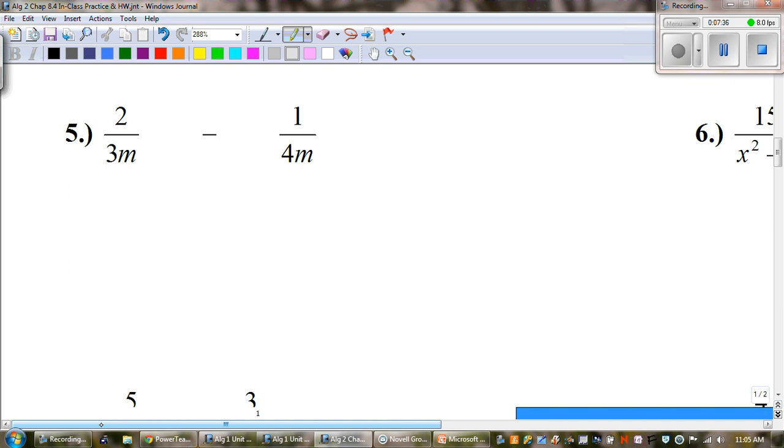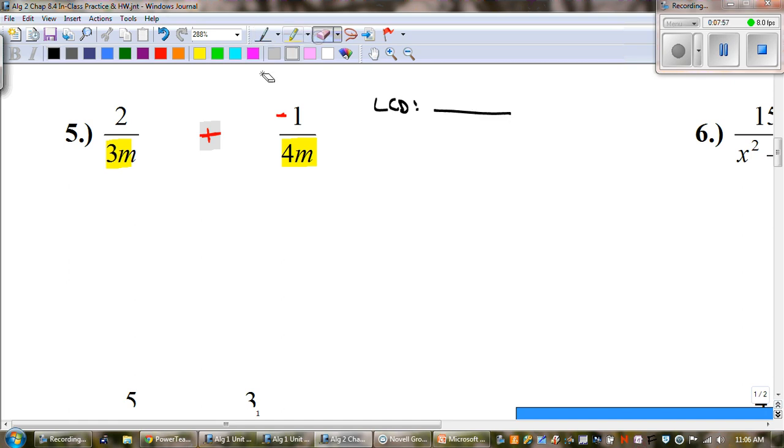All right, number 5. So once again, we're subtracting right away. We're going to change this to addition, and I'm going to turn that into a minus. Now, looking at our 2 denominators, they are not the same.